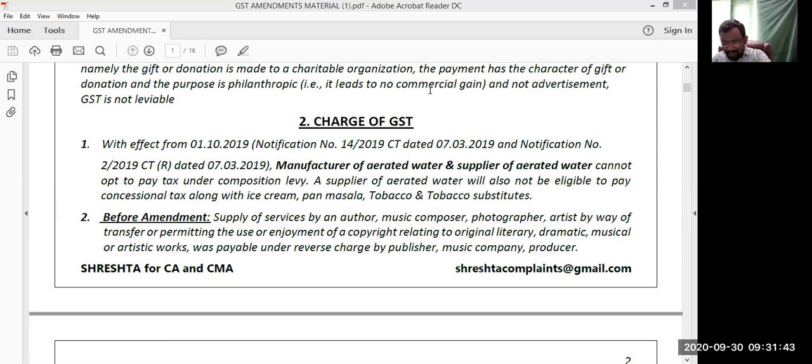Supply of services by an author, music composer, photographer or artist, by way of transfer or permitting the use or enjoyment of a copyright relating to original literary, dramatic, musical or artistic works, was payable under reverse charge by the publisher, music company or producer. Now what is this? Let me explain with the help of an example.